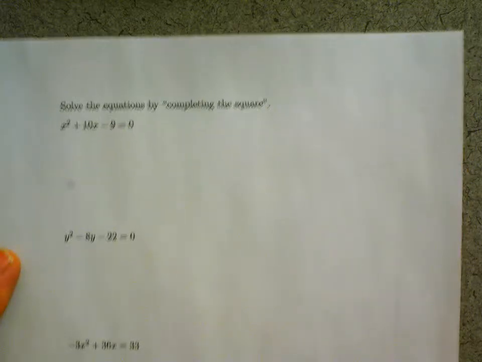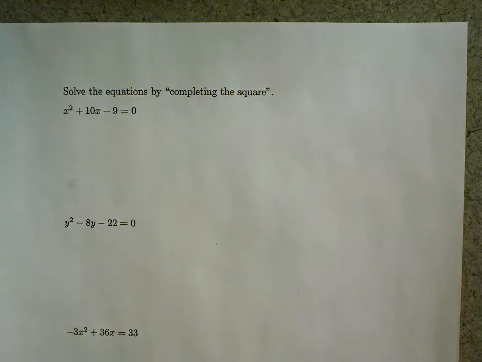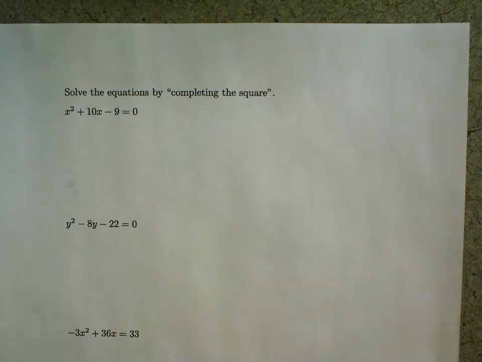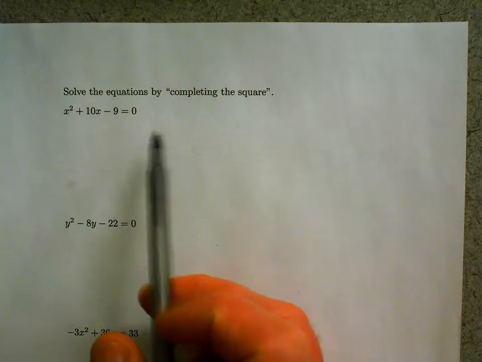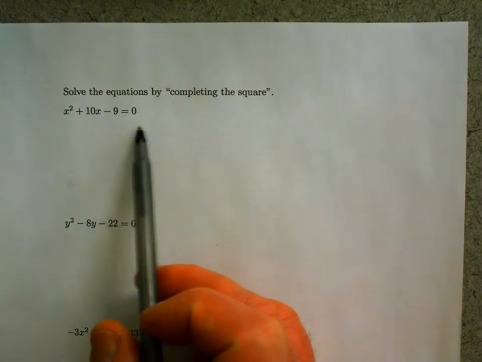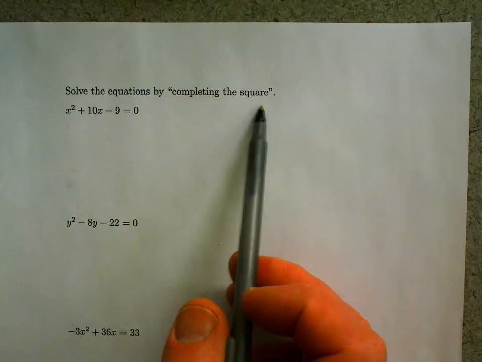So this method is called solving quadratic equations by completing the square. In the previous examples, we weren't solving equations, we were just creating perfect square trinomials. So now we're going to solve equations by completing the square.